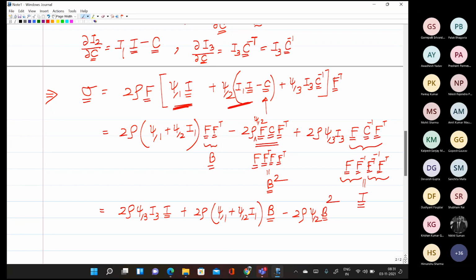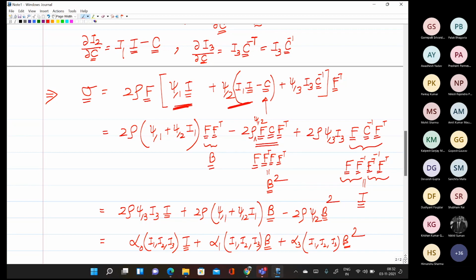Okay, and same thing, finally you can write it as some constant, let us say alpha naught as a function of I1, I2, I3 times identity plus some alpha 1 as a function of I1, I2, I3 times B plus alpha 3 as a function of I1, I2, I3 times B square.